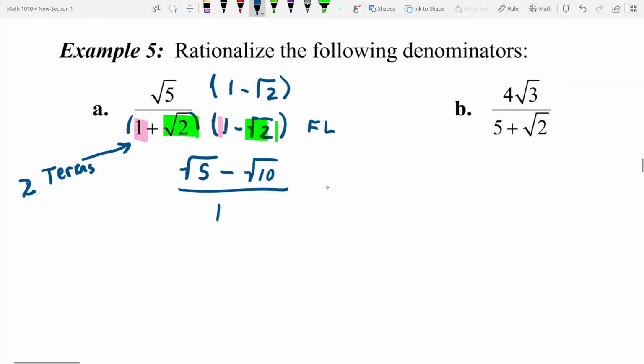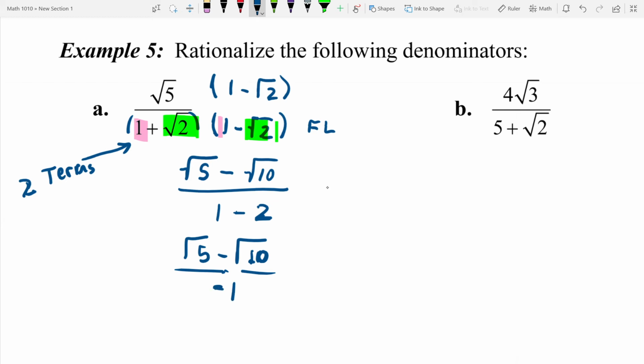Positive times a negative is a negative. The square root of 2 times the square root of 2 is, everybody tell me, it is 2. Good. We're not done. So that's the square root of 5 minus the square root of 10 over 1 minus 2, that is a negative 1.